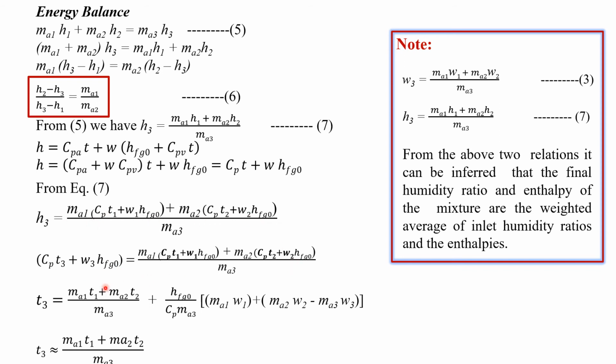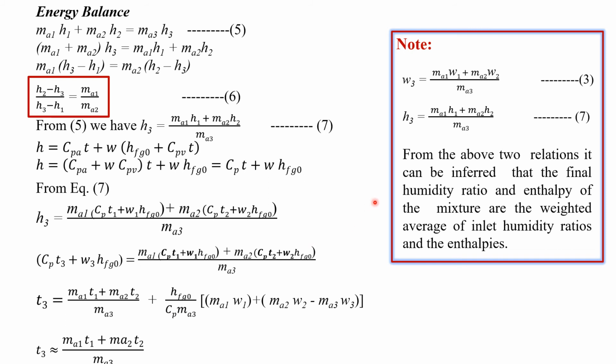So from this equation, we can determine the value of the temperature of the mixture. T3 is equal to Ma1 into T1 plus Ma2 into T2 divided by Ma3 plus this whole quantity. We notice that the second term in this particular equation is almost negligible compared to the first term. So we can express T3 approximately equal to Ma1 into T1 plus Ma2 into T2 divided by Ma3.